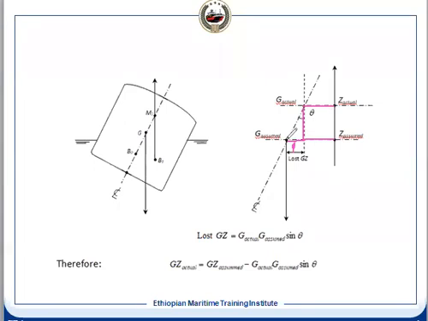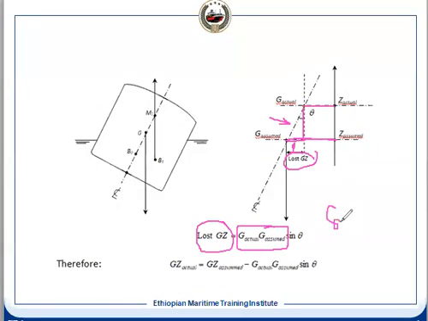This is the assumed ZZ which we can find out from the curve. Then we minus this, we get this. How will you get the value of lost ZZ? This distance is known to us because we know the assumed KG and the actual KG we have found out. So we can deduct it and get this value. In terms of this value, we can find out lost GZ in this triangle: G assumed to G actual multiplied by sine theta.